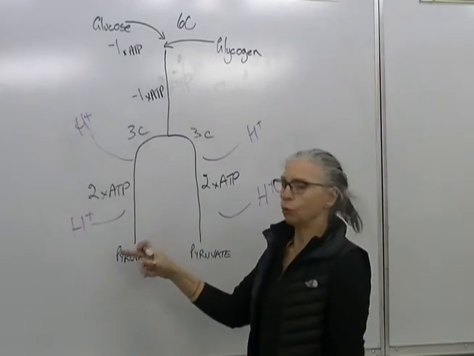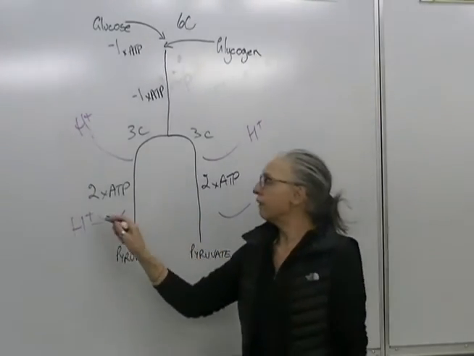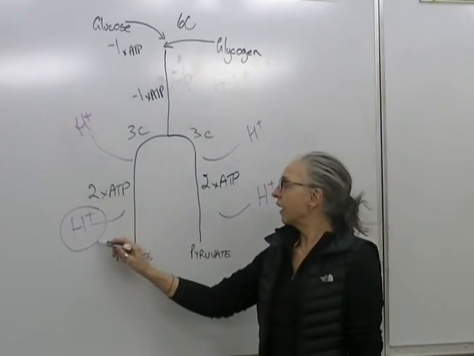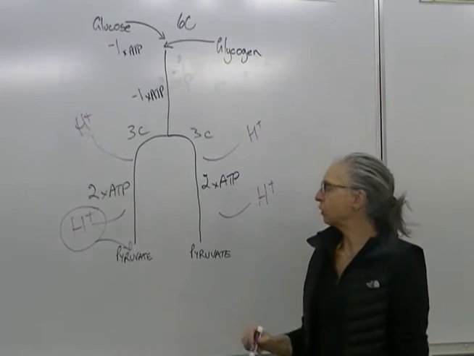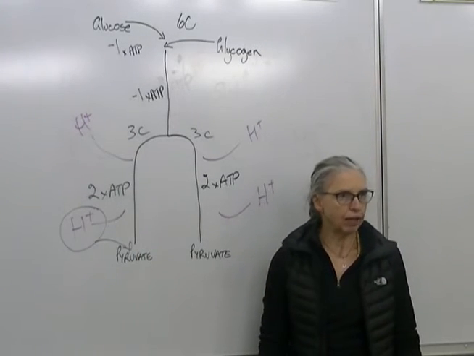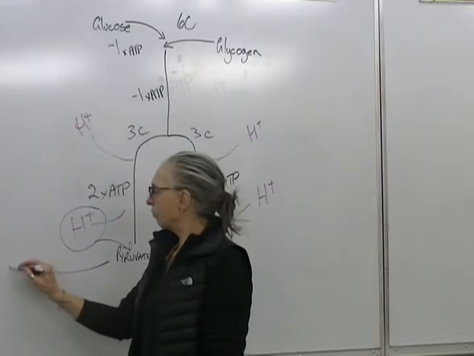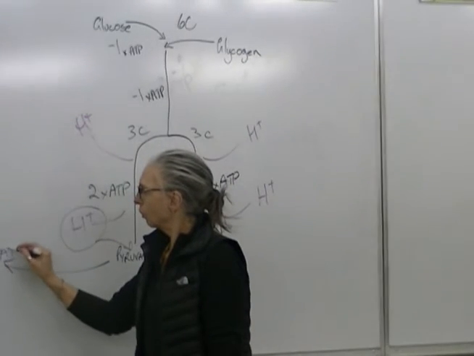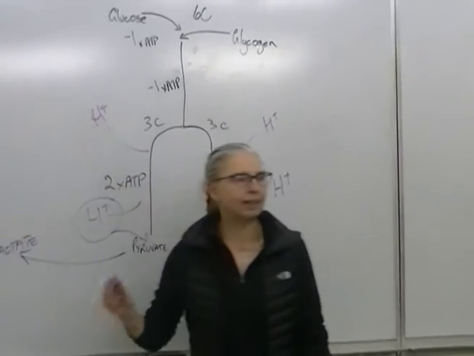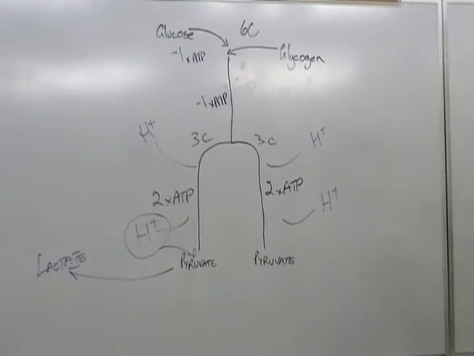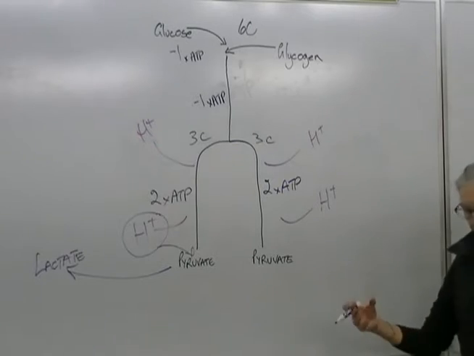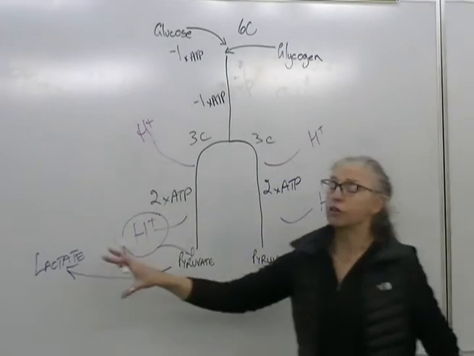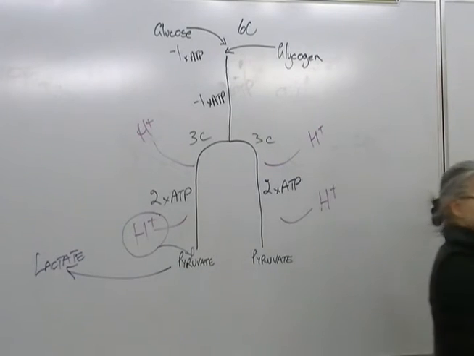So sometimes, if we're not working with oxygen, that hydrogen is going to get picked up by pyruvate and turned into lactate. Lactic acid first. Lactic acid is very unstable, so it very quickly turns into lactate, and then lactate gets shuttled off into the bloodstream.